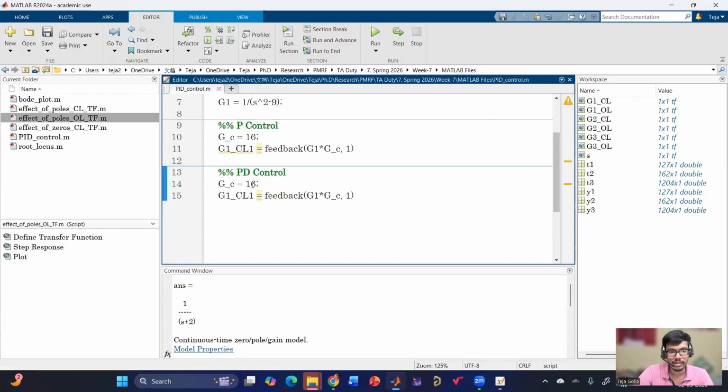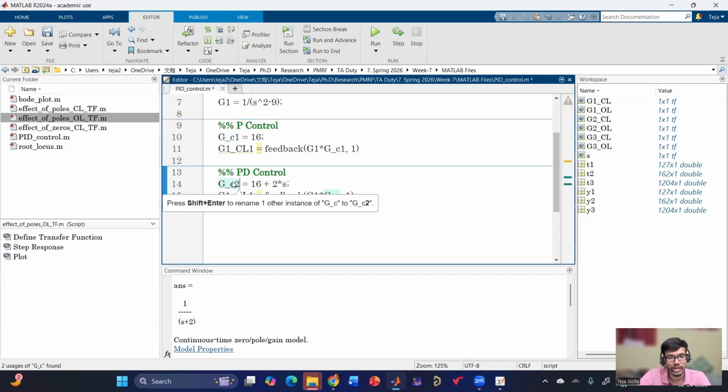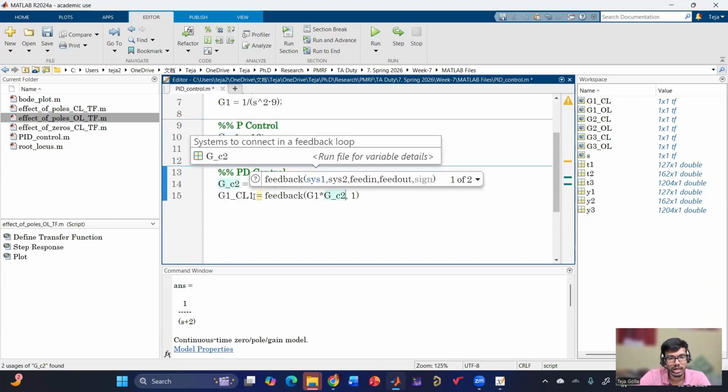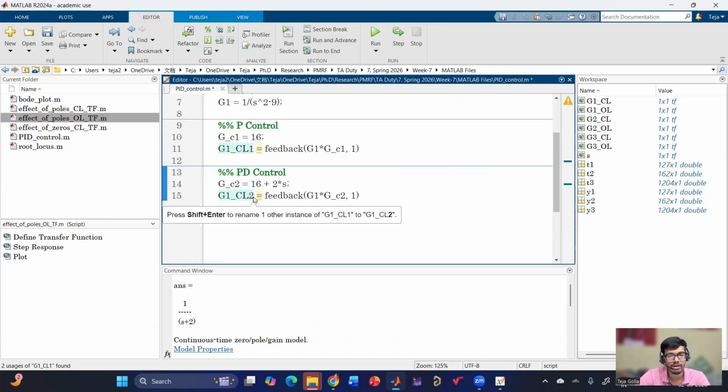So KP I'm considering 16, plus KD should be positive, so I'll consider 2 star s. So my GC is now 16 plus 2s. Let me call this GC1, and let me call this GC2. Now this is the second case, so I'm considering this G1 closed loop 2. So now this is also done.